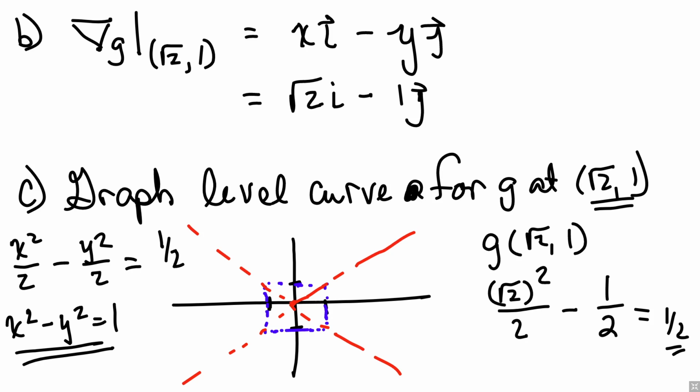Since x is first, we know it opens left and right, starting at this point, curving over, and this point, curving over. So it looks like this.